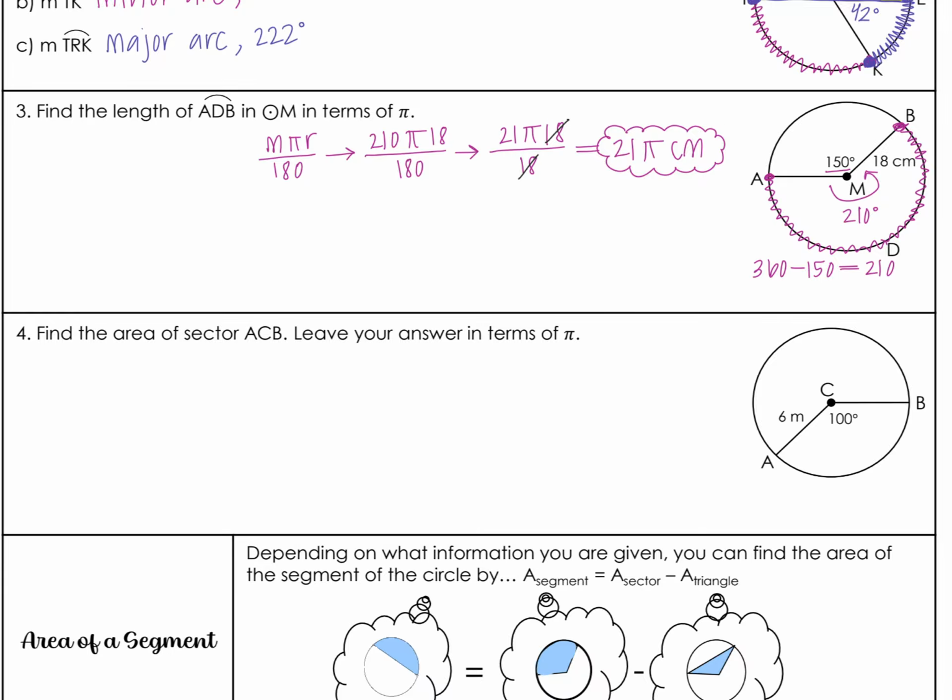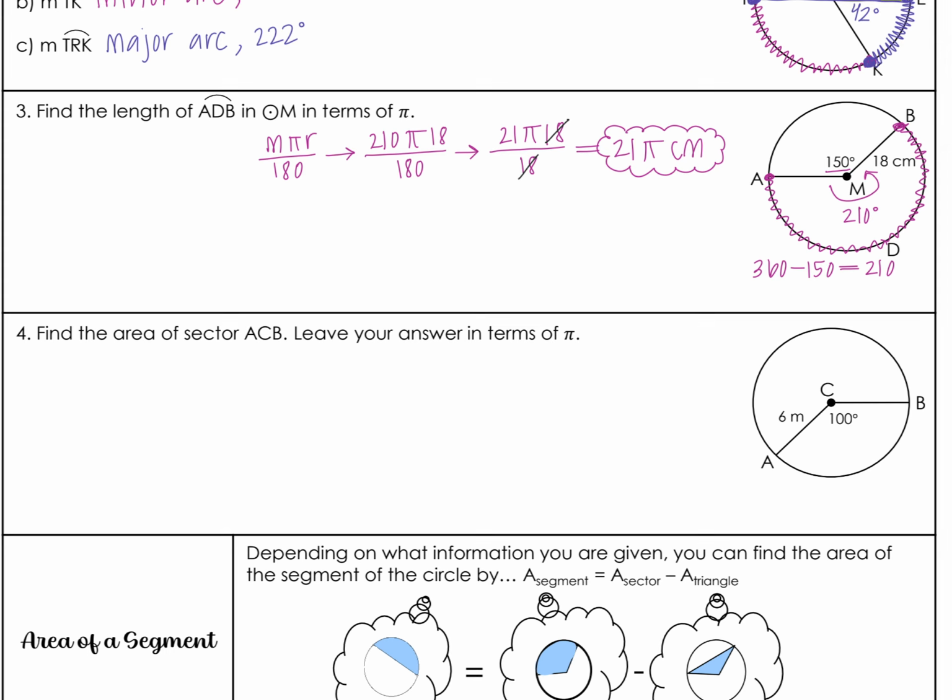Now, the next thing I want to mention is that I know here that my answer is not a degree. It's not that 210 degrees because they are asking for, one, the length of my arc, two, I do have that in terms of pi. And the fact that here arc ADB does not have that M in front of it.